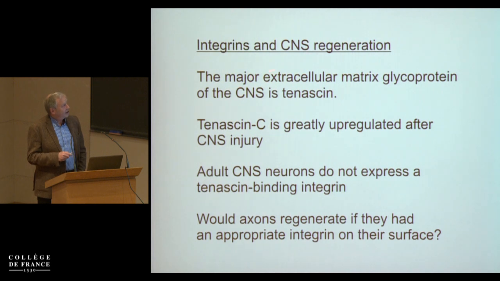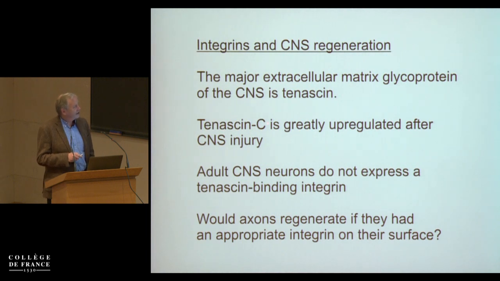So, integrins bind to glycoproteins. The major extracellular matrix glycoprotein in the CNS is tenascin, as Andreas no doubt is going to tell you. And after injury, tenascin C is greatly upregulated. So there is a lot of this potential integrin ligand present in the damaged spinal cord. The problem is that adult CNS and in fact PNS neurons do not express a tenascin-binding integrin.